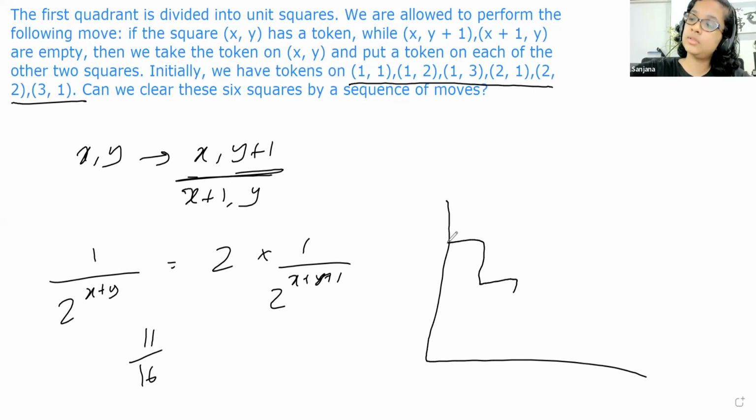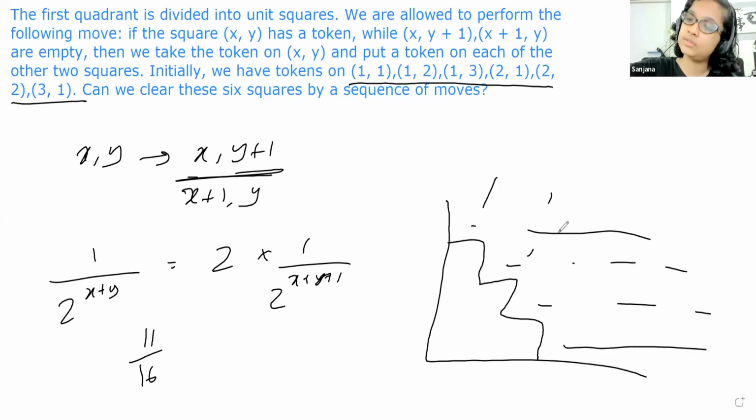And now you assume that you have cleared all of those squares. So let's say that in the maximum scenario, you have tokens on all of these. You have to prove that even in that case, the sum is less than this.